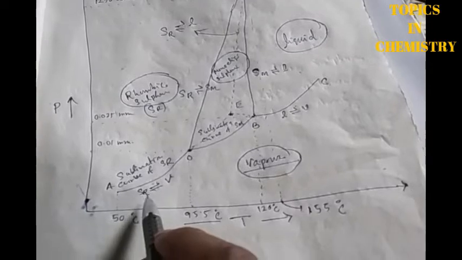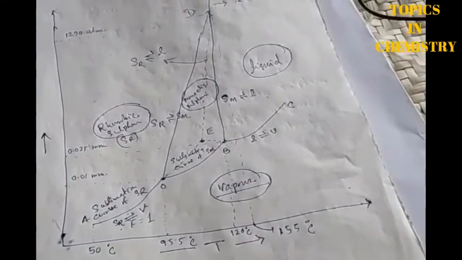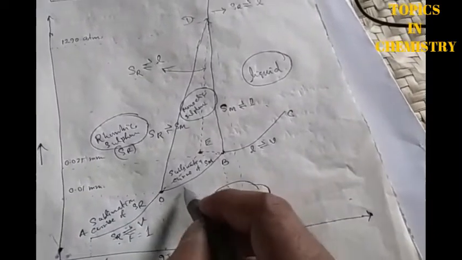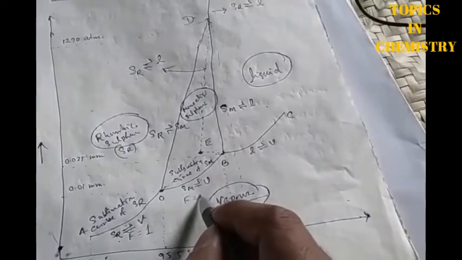Now you have to know the degree of freedom of the different curves, points and areas. Here solid rhombic sulphur is in equilibrium with vapor, so two phases are in equilibrium, and the degree of freedom is F equal to 1. Here also two phases are in equilibrium: monoclinic sulphur with vapor, the sublimation curve of SM, so F is equal to 1.